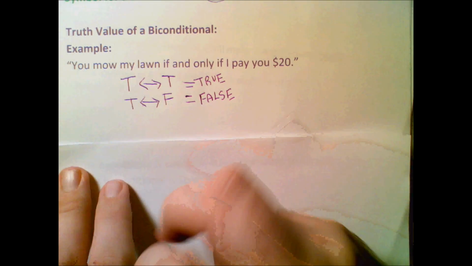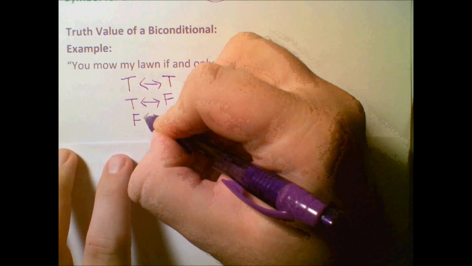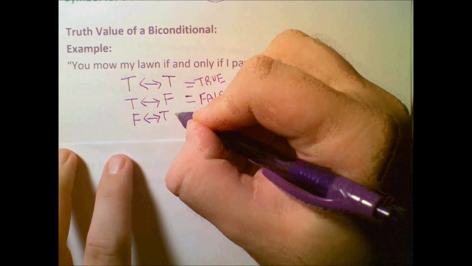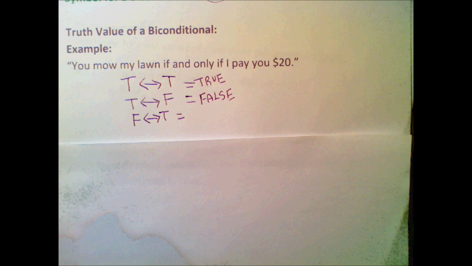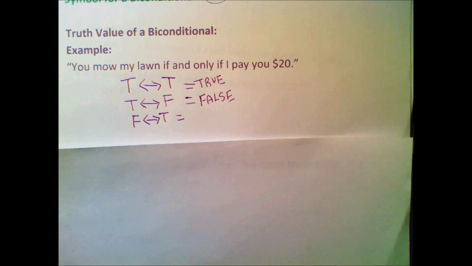Now, the next part is, let's say you didn't mow my lawn and I paid you $20. Would that make this statement true or false? Unfortunately, in this case, we don't care about you being cool or not. We care about me being cool. You would like that I just gave you $20, but I made a deal with you that it would only happen if you mowed my lawn.